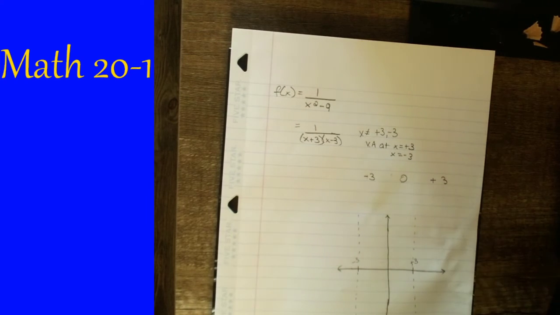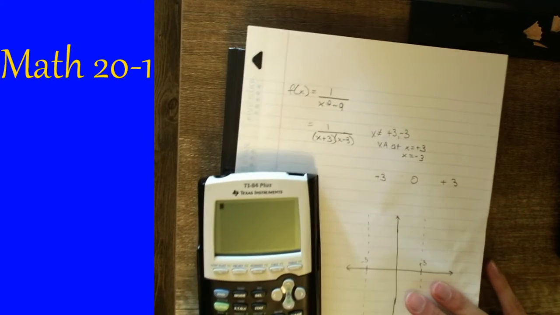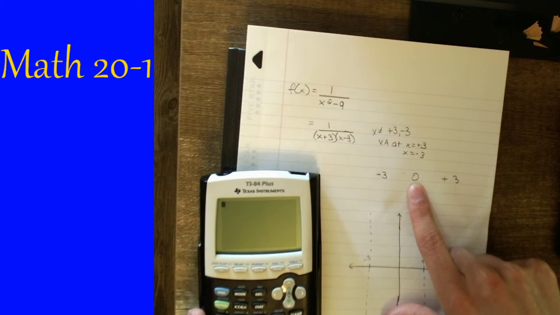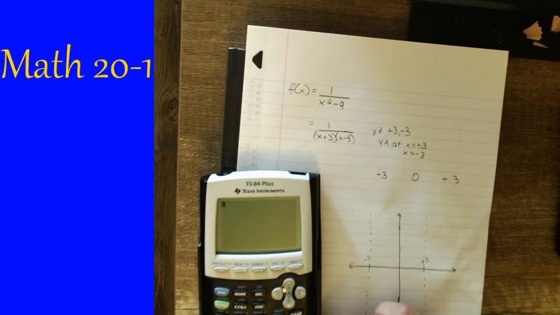And let's start by calculating x is equal to 0. So that's going to be 0 plus 3 multiplied by 0 minus 3, and then 1 over that number.